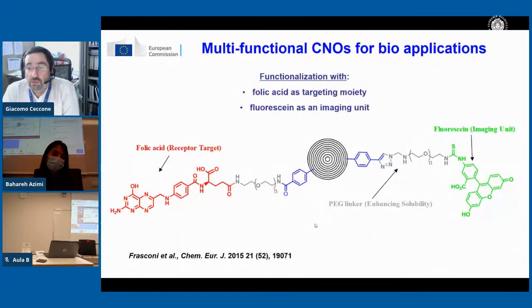So the idea was to use click chemistry to attach the fluorescein, and another quite complex reaction using essentially a carboxylic reaction to attach the folic acid receptor, and put together a polyethylene glycol spacer in order to give this molecule much more freedom to move with respect to the core of the carbon nano-onions.